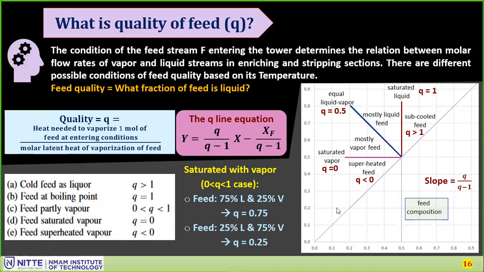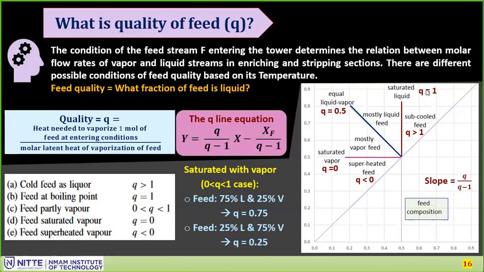This is how it is represented on the equilibrium diagram. This is the equilibrium line, this is the diagonal line, and this is the point of intersection of the q line and the diagonal for xF equal to 0.5. Different cases: in this region q is greater than 1, here q is equal to 1, within this q is 0 to 1, and below this q is less than 0, superheated.